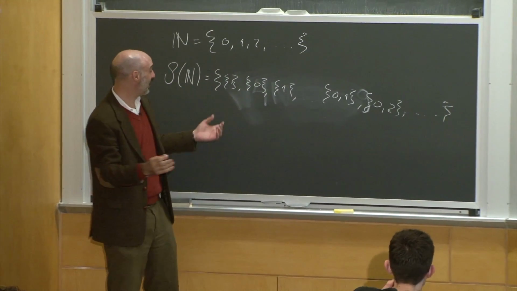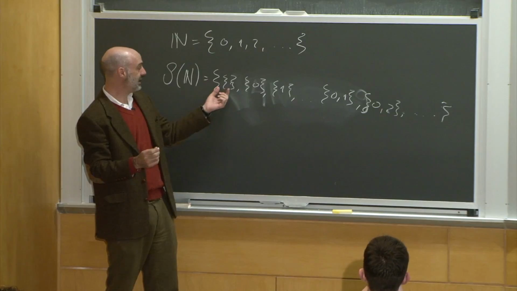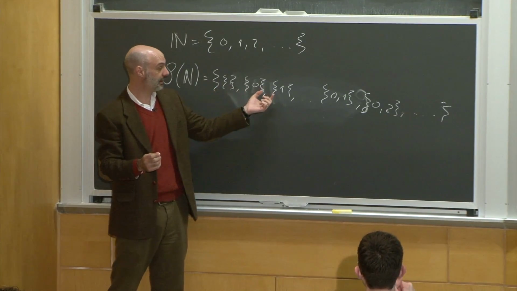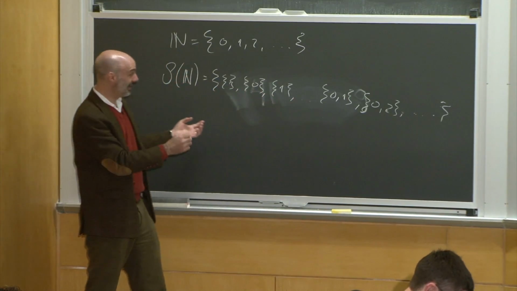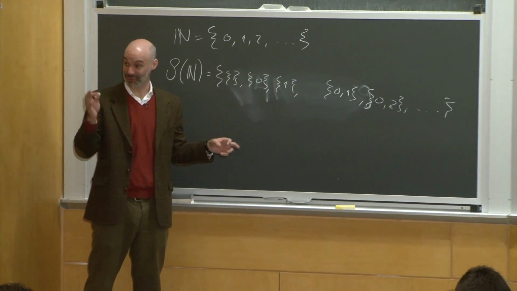So as Rose pointed out, every element in here has one set of brackets. And then the next one is going to contain sets of these guys, so 2 sets of brackets.